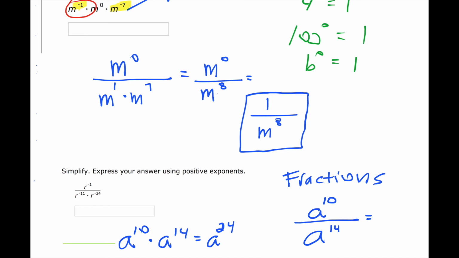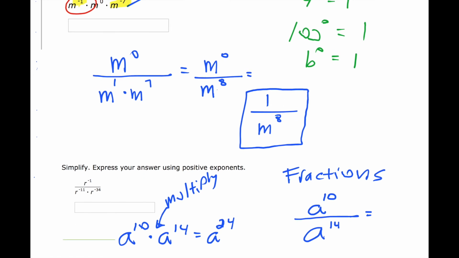Thank you. So when you multiply, what do you do? When you multiply the bases, you add the powers. Good. All right. When you divide with the same bases, you subtract the powers and go top minus bottom.